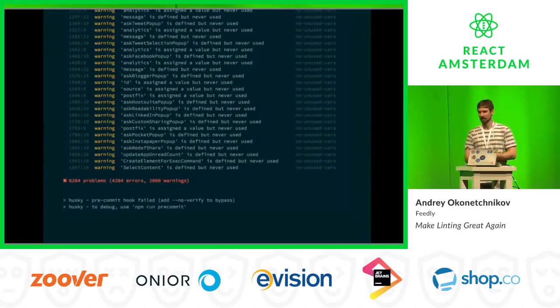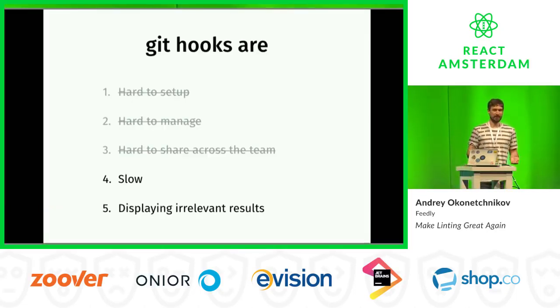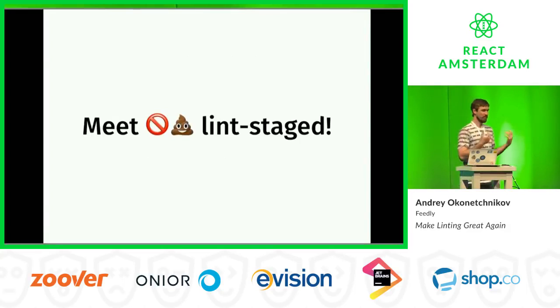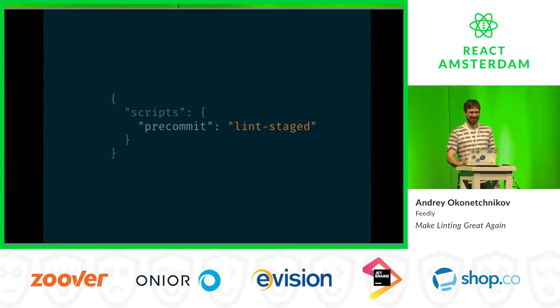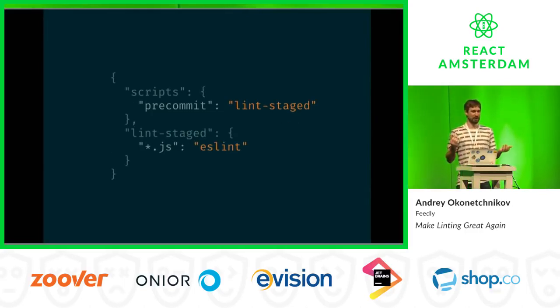But on many legacy projects, you might run into this problem: 6,000 errors after this. And also, this might take up to a few minutes before the linting process finishes. So it's slow and displaying irrelevant results. This is where you meet lint-staged, the project I created and maintain. You install it in a similar way, and the only change you need is, instead of ESLint, you write lint-staged, and then you add this lint-staged configuration, which is also simple.